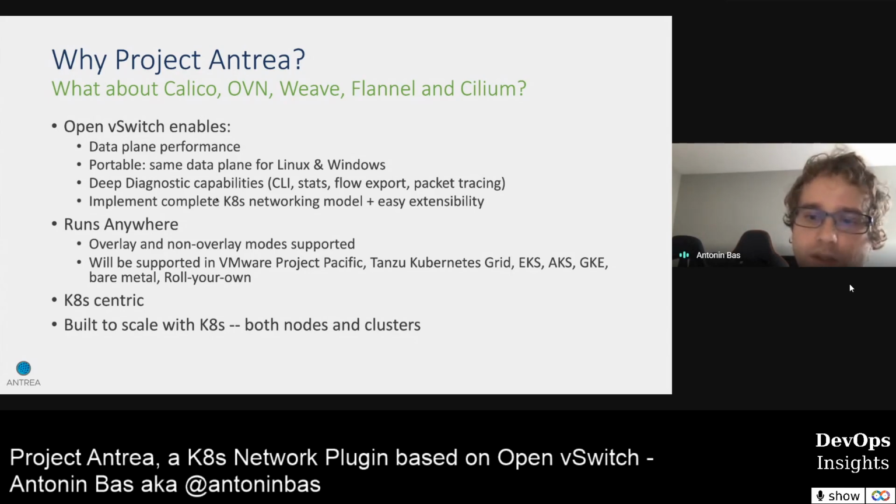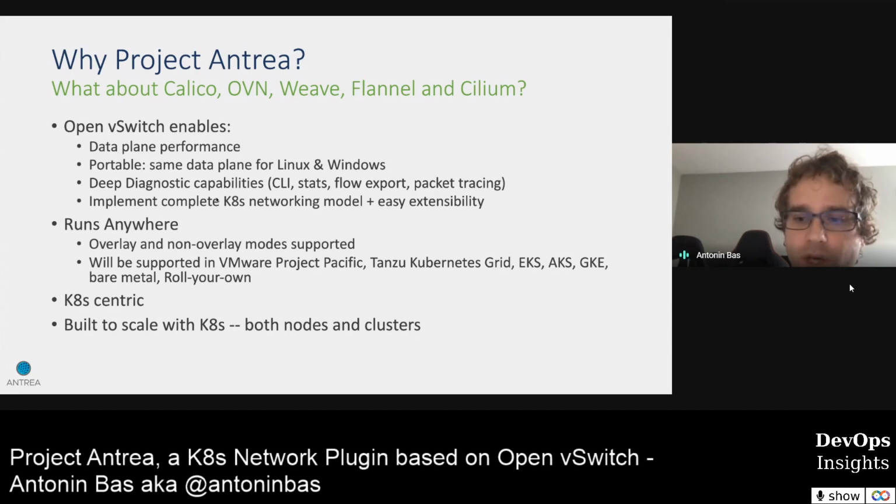Well, the ecosystem is actually not as diverse as one may think. A lot of these CNI plugins basically rely on Linux networking primitives, right? So Calico and others rely on iptables to implement network policies.